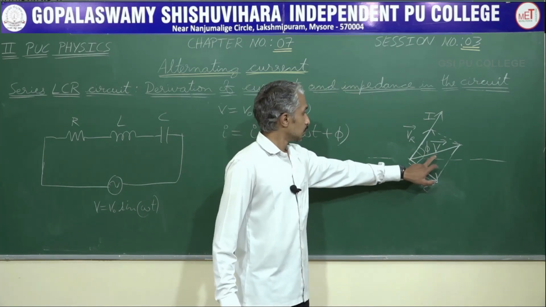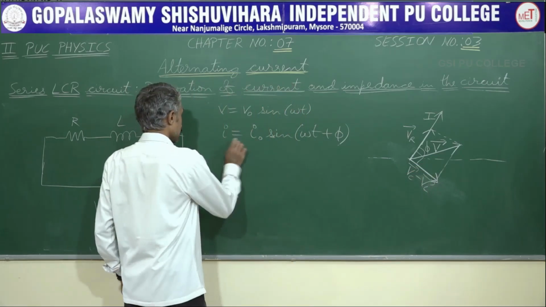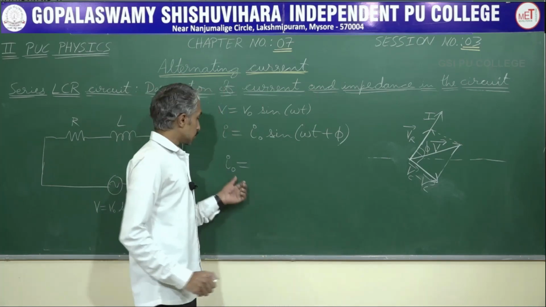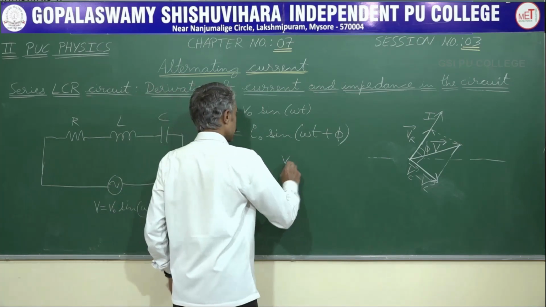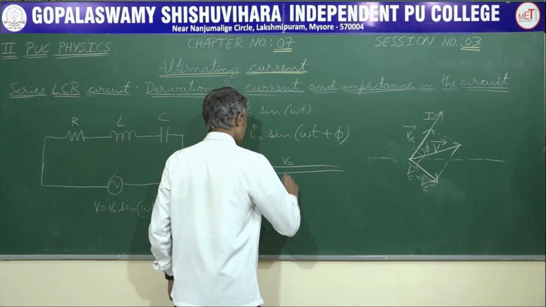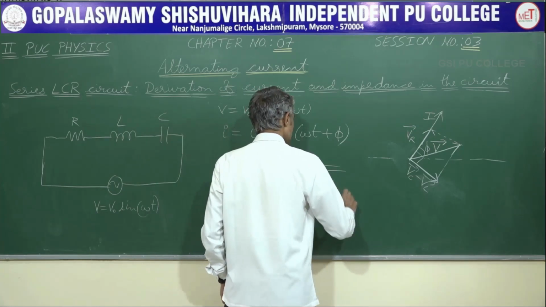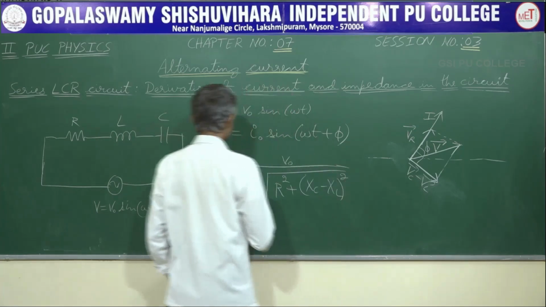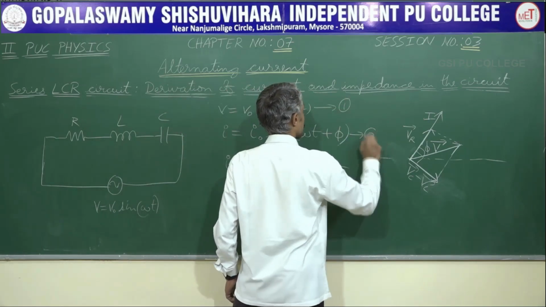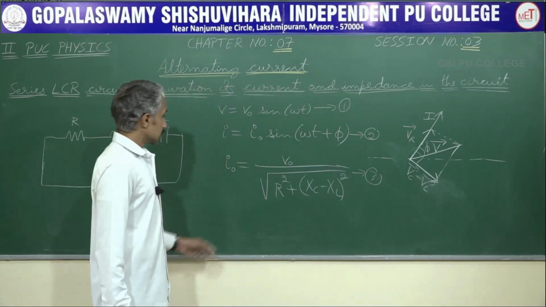Using this vector diagram, I can derive finally the peak current I naught is equal to V naught by root of R square plus XC minus XL whole square. So, I can take this as equation 1, 2 and 3.